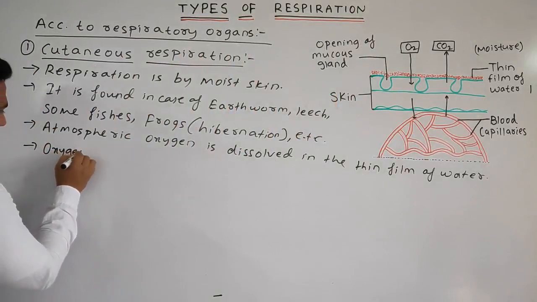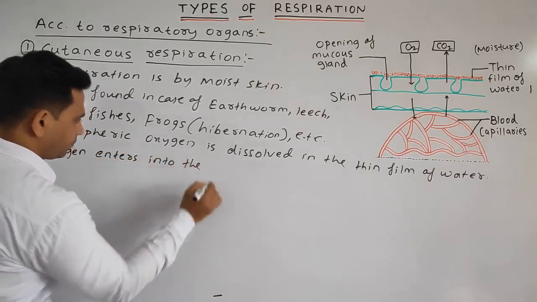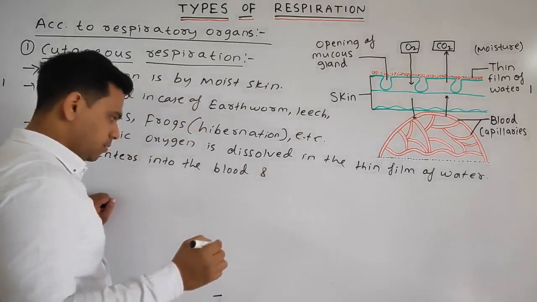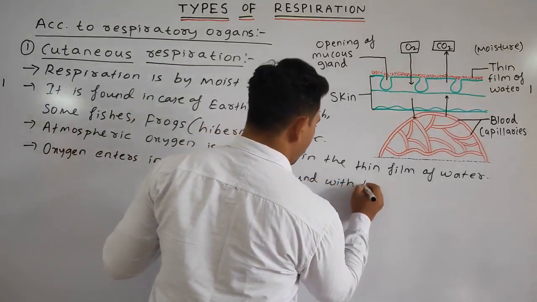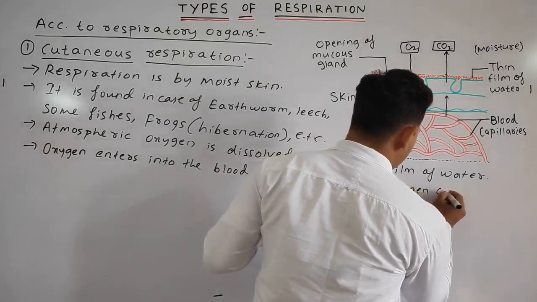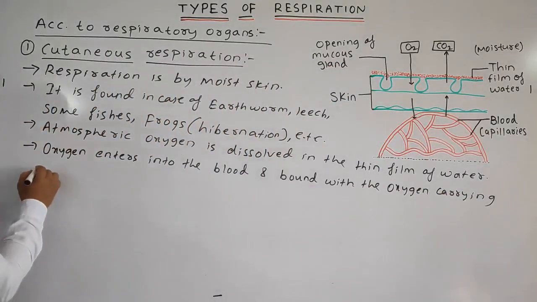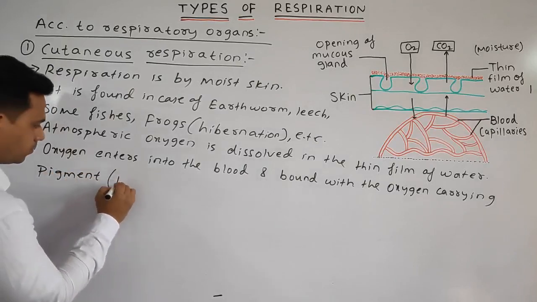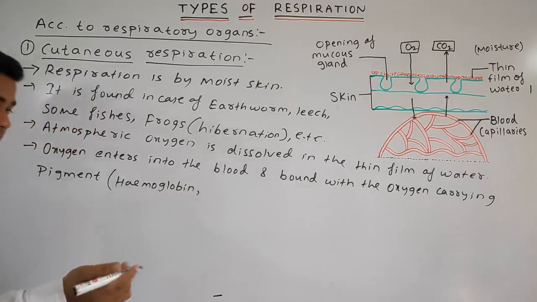Oxygen enters into the blood and is bound with the oxygen carrying pigment, such as your hemoglobin, hemocyanin.